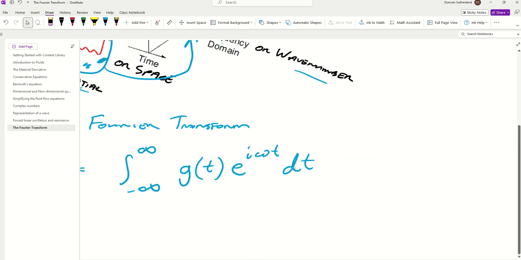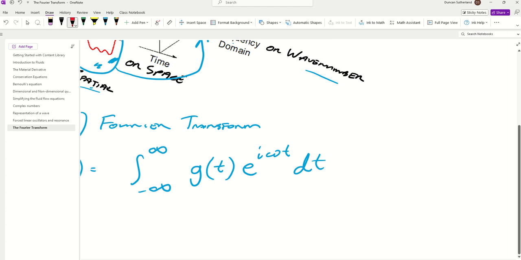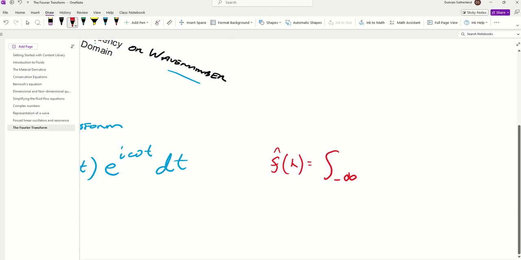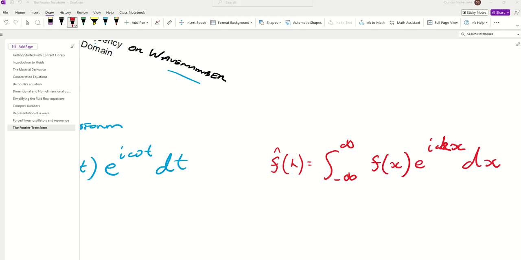So I could write this different notation.